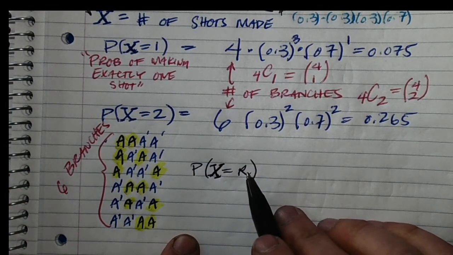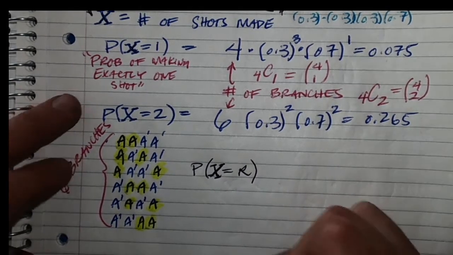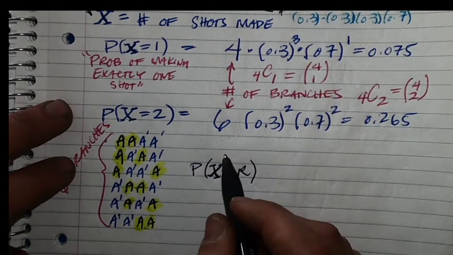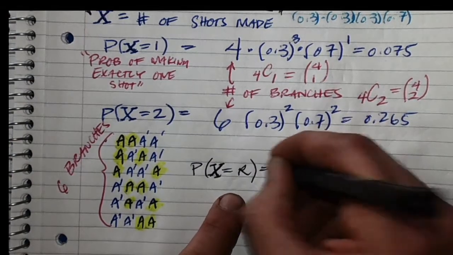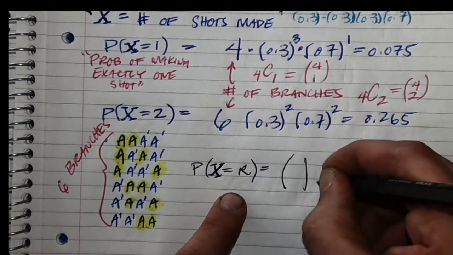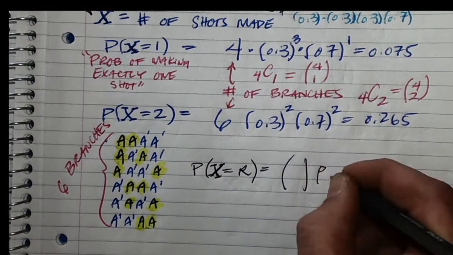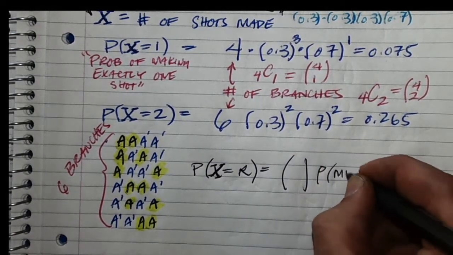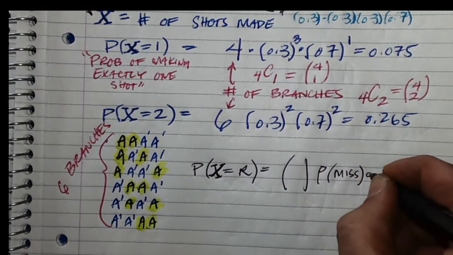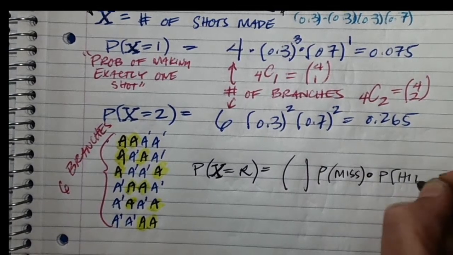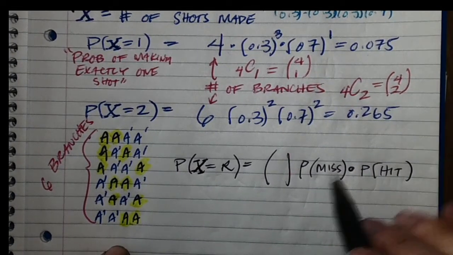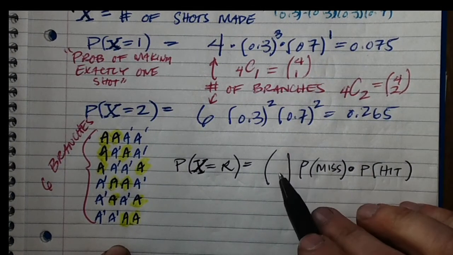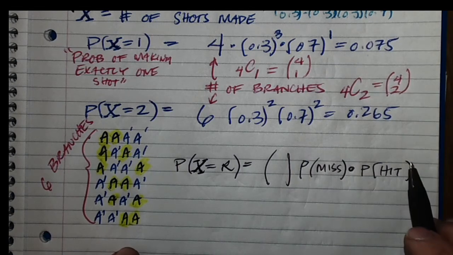X equals R, so that's the special, how many special they'd go in or hit their target or whatever the question's about. Okay, and we can see here there's a miss and a hit probability. There's a number of branches, which there's a way to figure that out. And then there's some exponents.